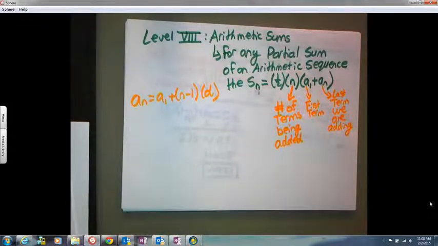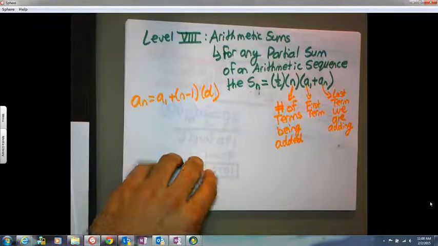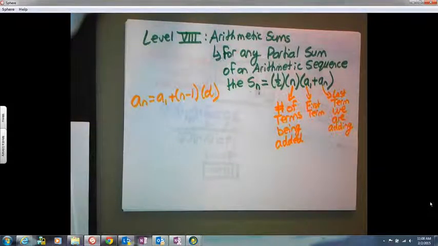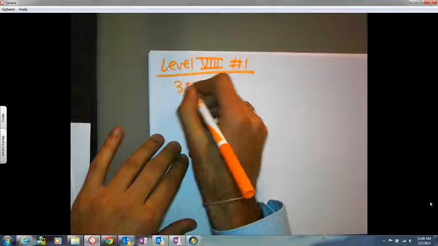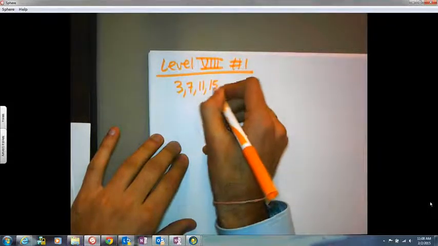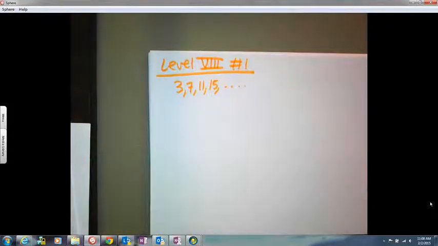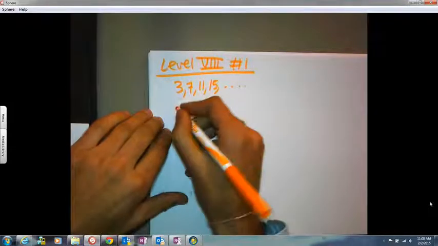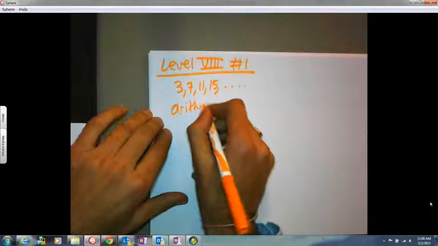So on level 8, number 1, they want us to find the sum of the first 40 terms of this sequence. When I look at this, even if they hadn't told me, I would have identified this.